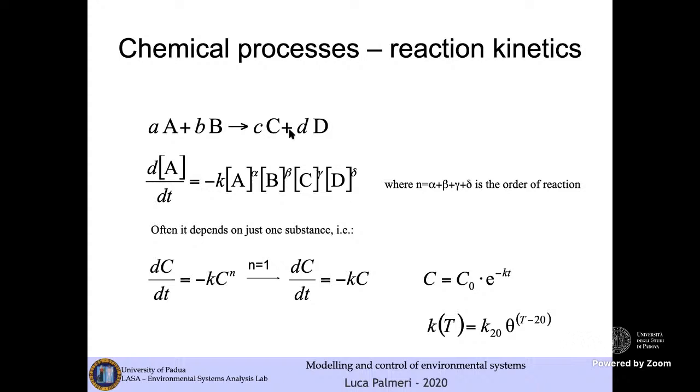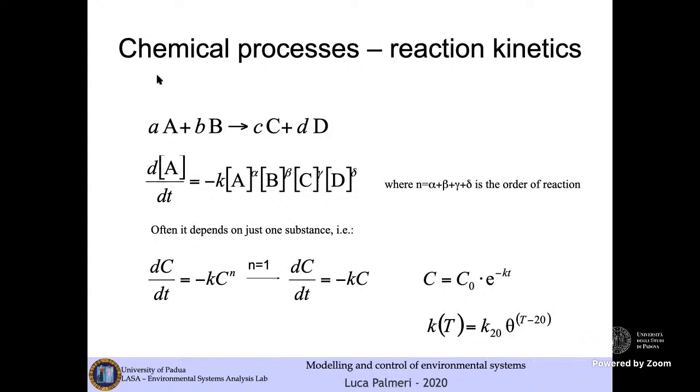You may recall from your chemistry classes that the law of mass action tells us that the variation in time of the concentration of a particular substance that is participating in a chemical process is equal to a constant minus k, called the equilibrium constant, times the concentration of substance A elevated to alpha, times the concentration of substance B elevated to beta, times the concentration of substance C elevated to gamma, times the concentration of the substance D elevated to delta.